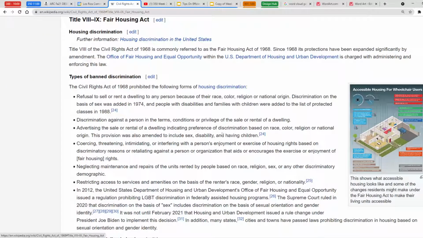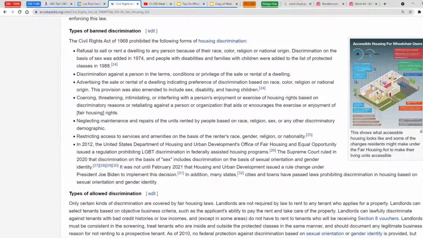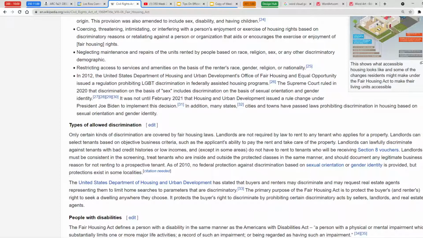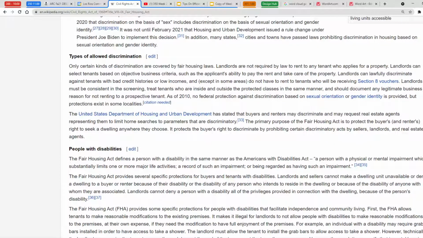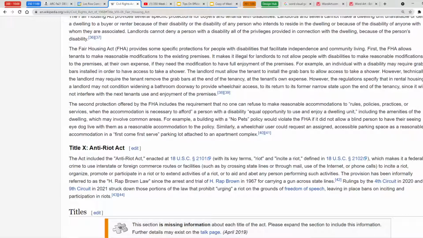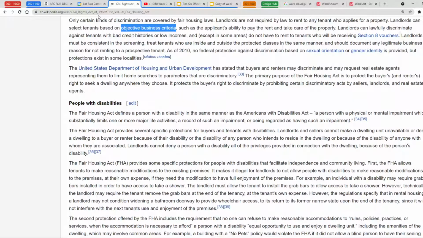That might be a good place to go. I mean, even as far as wheelchairs. You can use an objective business criteria. Some of these other things. So there's some cool stuff.